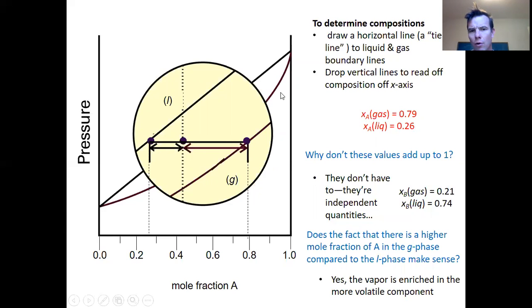If this is the mole fraction of A, I can see that the vapor pressure of pure A, this spot here, is greater than the vapor pressure of pure B. A is more volatile. And if A is more volatile, I would expect the gas to be enriched in the more volatile component. So this all makes sense.